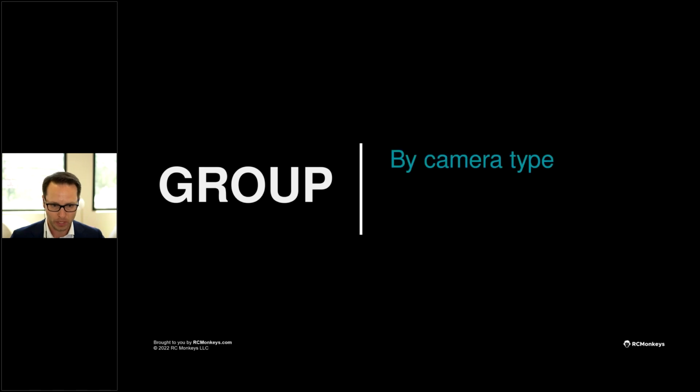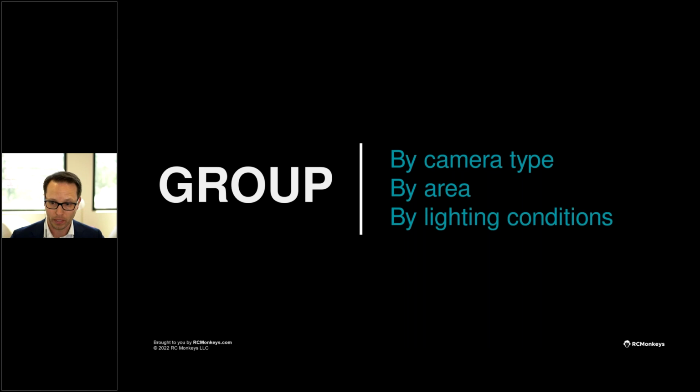The idea is that you group your images by camera type, by area, as well as by lighting conditions. This way, the images will be processed faster. That is the goal: to process the images faster, and to avoid any manual work during the alignment process.